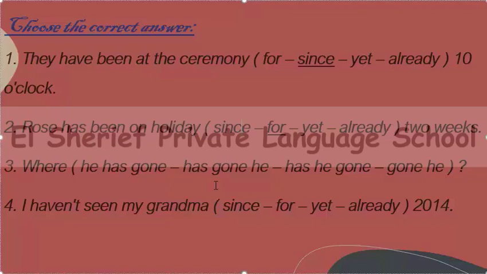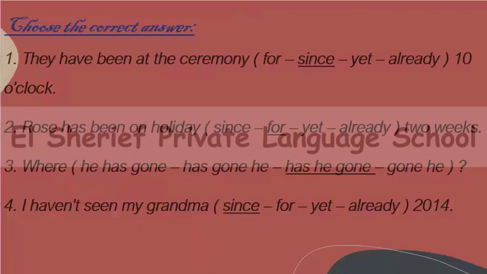We use the helping verb, then the pronoun or the subject, and the verb. So where has he gone? I haven't seen my grandma since, yet, already 2014. Yes, of course, since. We know the time that the action started.